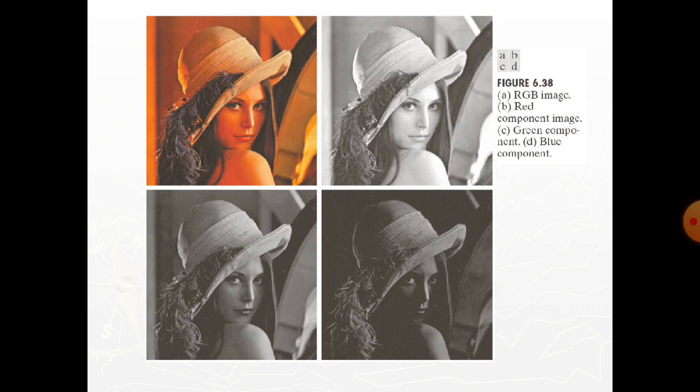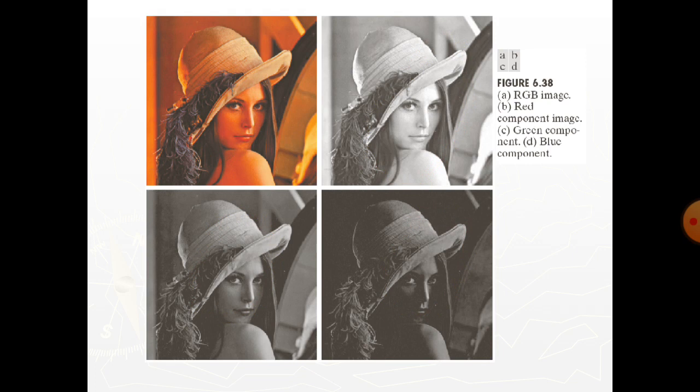Consider the RGB color image here. Its red, green and blue component images are shown here in figures B to D, and figure E shows the HSI components of the image. Based on the discussion in the previous paragraph, we have smoothed each component image of the RGB image independently using a 5x5 spatial averaging mask.